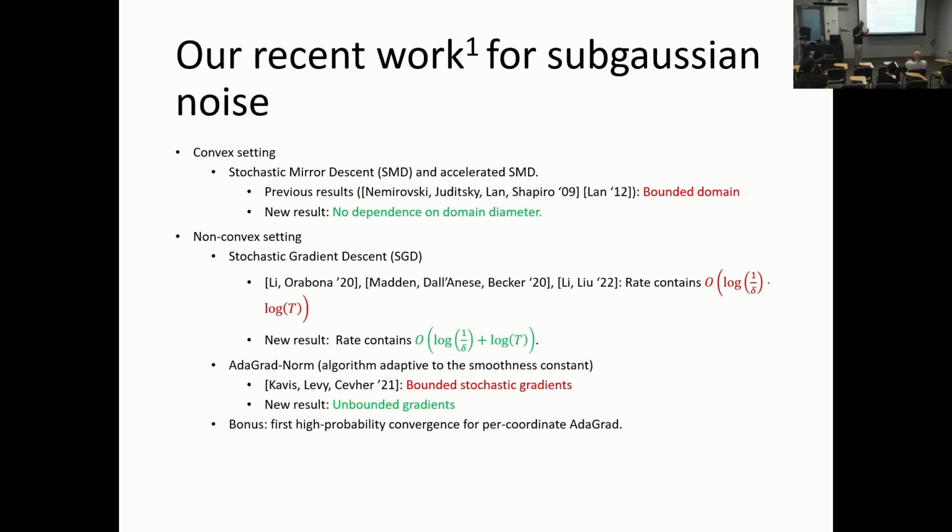You can prove things for Adam as well, but for our simplified exercise, we mainly just focus on AdaGrad, which is a more theoretical version related to Adam. Previous work requires some additional assumption, and we do not require such an assumption.